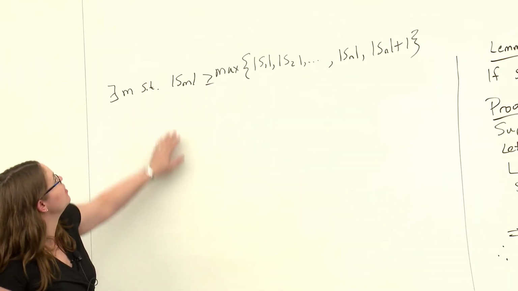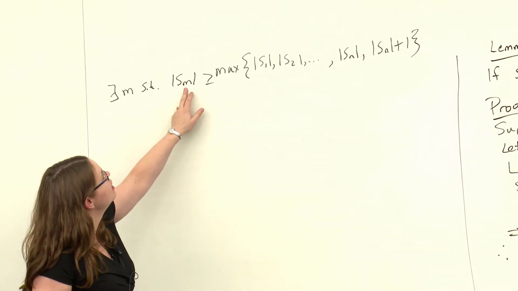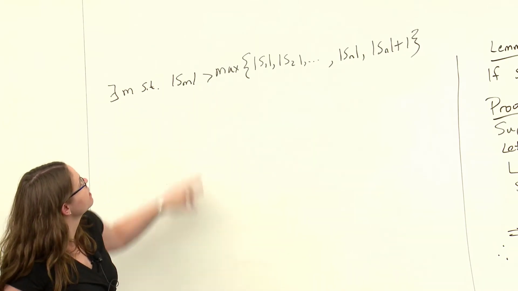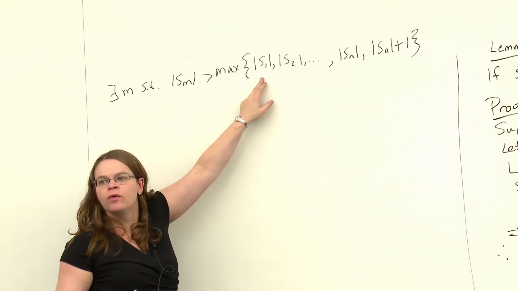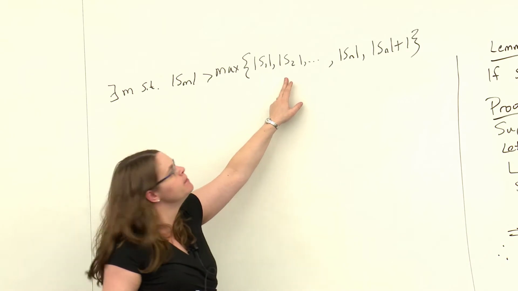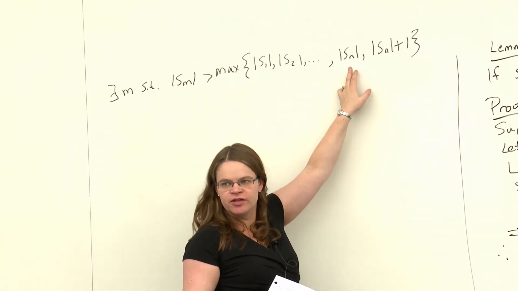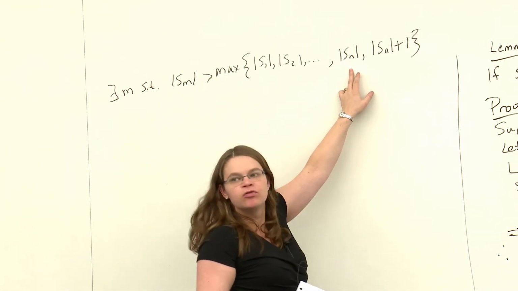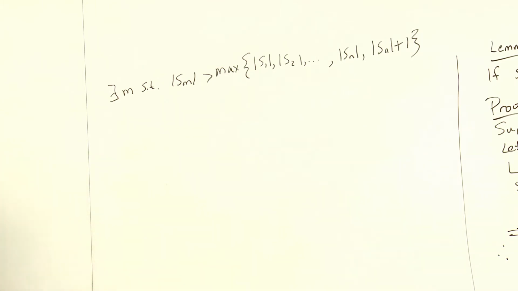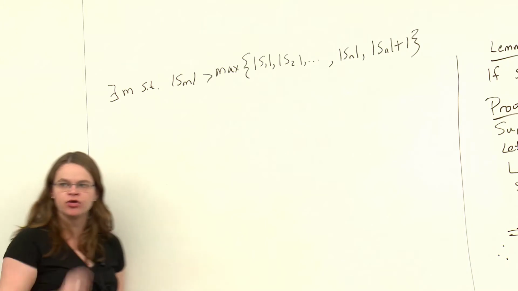And then we look at this and say, well, Sm, we can say even bigger than this. Sm is not S1 because it's bigger than S1. It's not S2 because it's bigger than S2. It's not Sn because it's bigger than Sn. So we must have that m is bigger than n. So yeah, it's a good question.